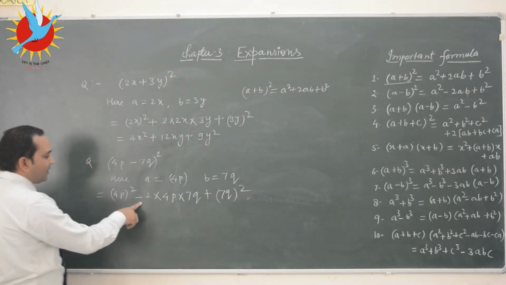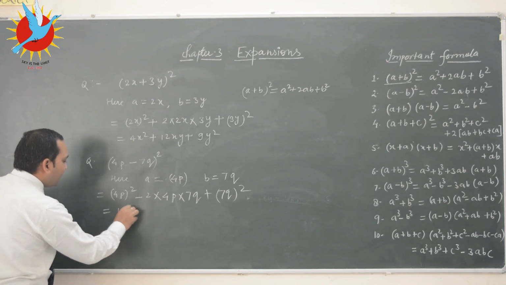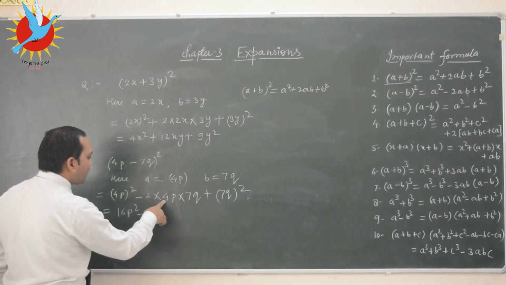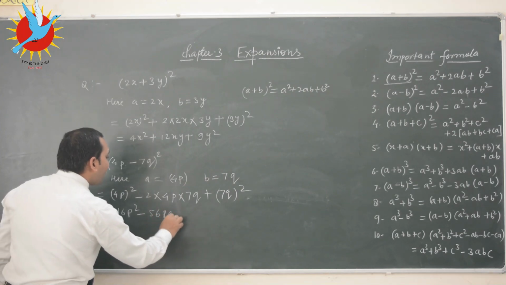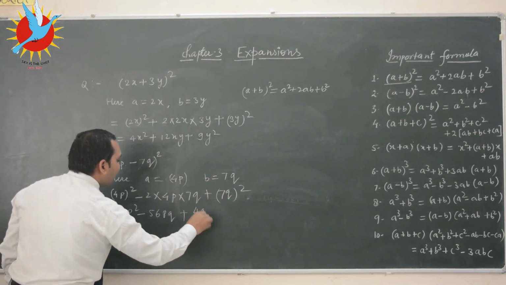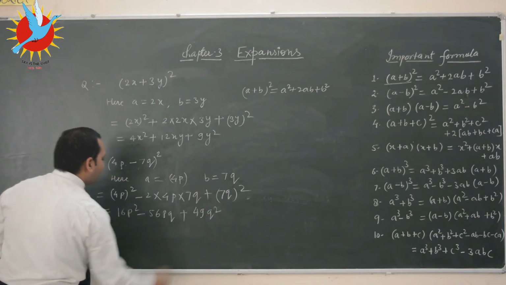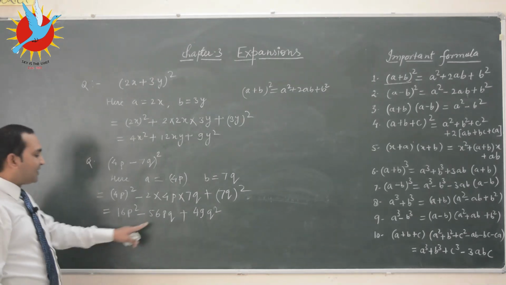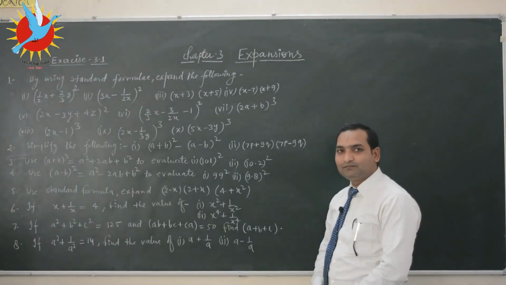So a square minus 2ab plus b square is equal to 16p square minus 4 times 2 times 7, which is 56pq, and here 7 square is 49q square. So this is 16p square minus 56pq plus 49q square.